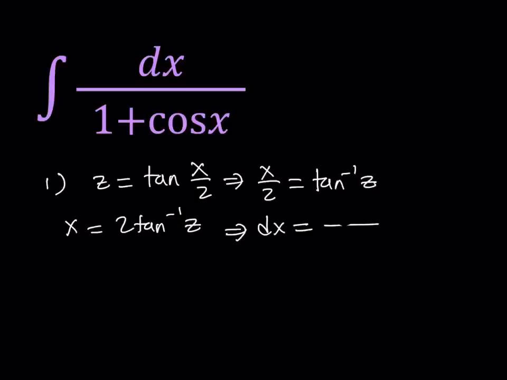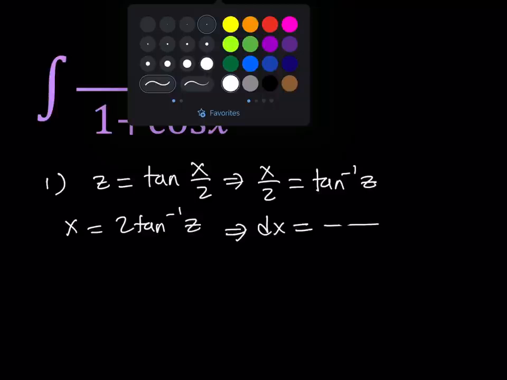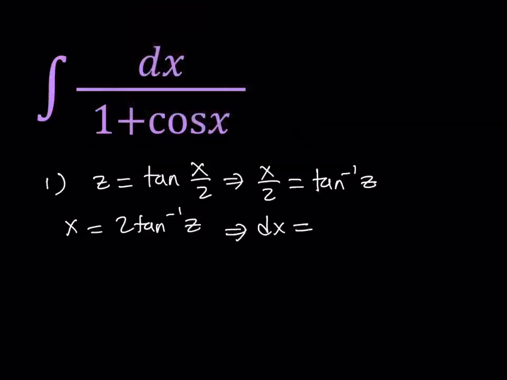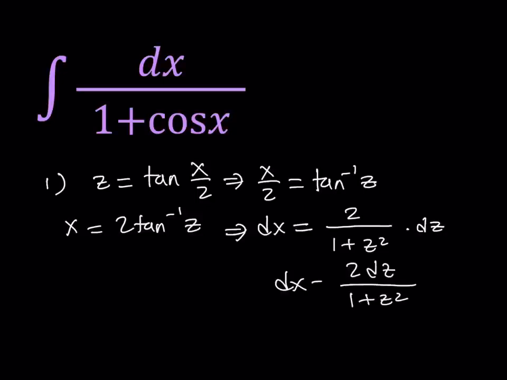There's a 2 in the numerator, and I'd like to write it in the numerator. So let's write it as 2 over 1 plus z squared multiplied by dz, and of course you could write it as 2 dz over 1 plus z squared, and that's going to be my dx.